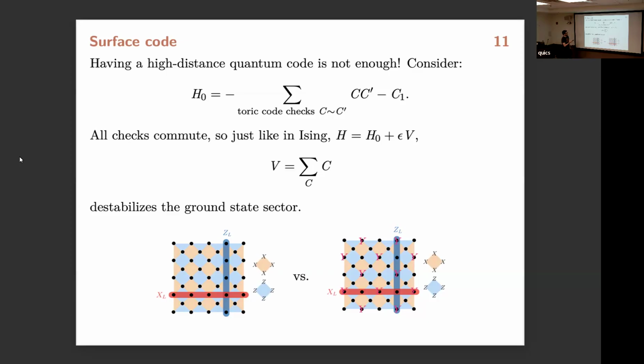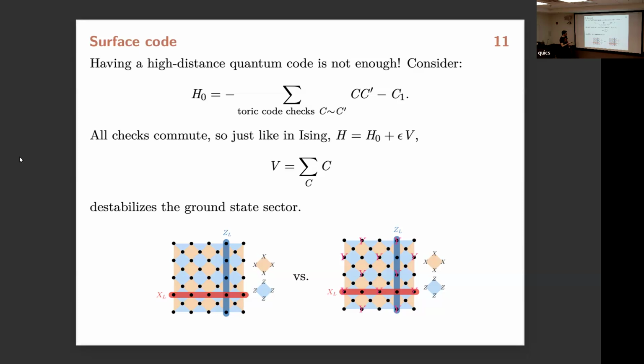We can add a perturbation V that is a sum over all the parity checks on site. When this epsilon is of order 1 over n, we will again close the gap in the Hamiltonian and destroy the phase. To understand what's going on, if we ignore this C1 term for a moment, we observe that this Hamiltonian H naught would have 4 degenerate ground states rather than 2.